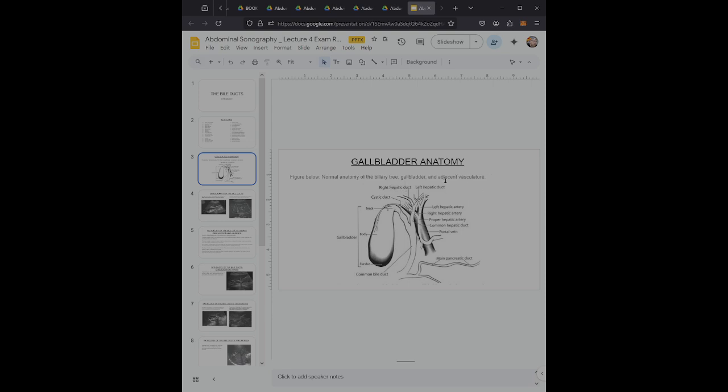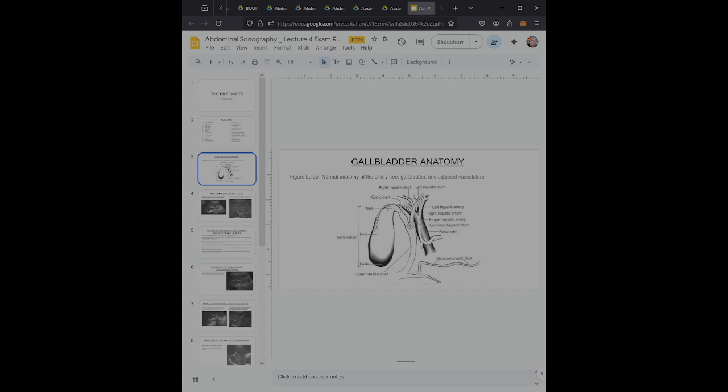The right and left hepatic ducts then unify to form the common hepatic duct, and then the cystic duct joins the common hepatic duct to make the common bile duct.